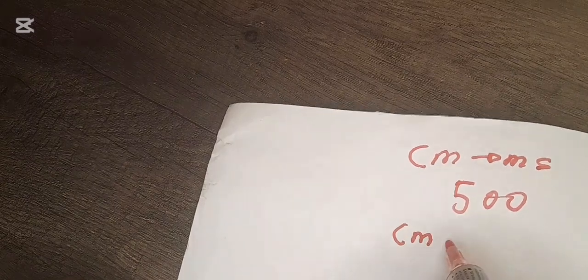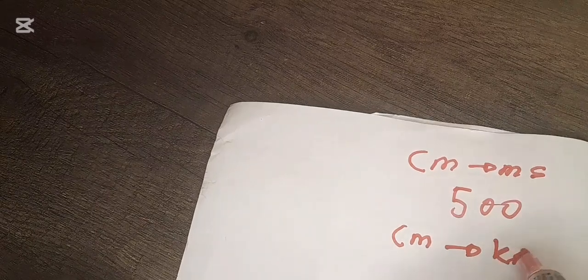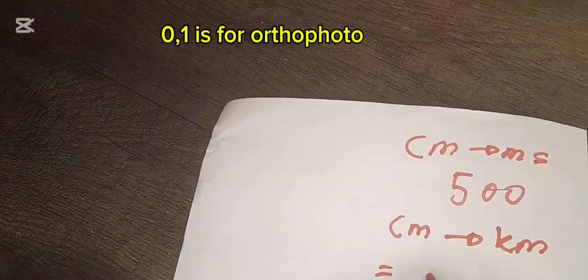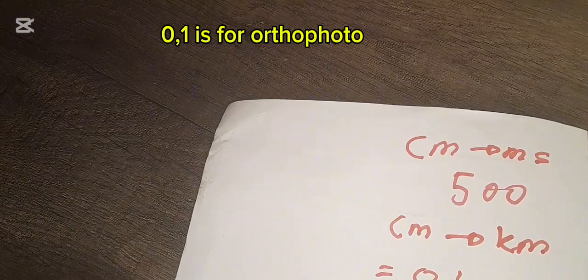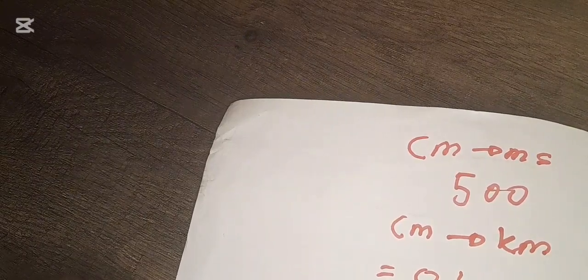And let's say you have a measurement in centimeters and your answer must be in kilometers, you're going to use 0.1. Did you get that? I hope you are writing that somewhere.